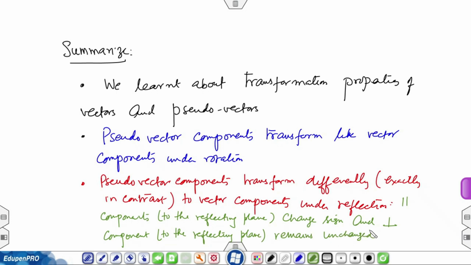So, I have shown this to you mathematically, and I have tried to give you some sort of an intuitive feeling as to why this happens, and we will now apply these to magnetic field in the next lecture.